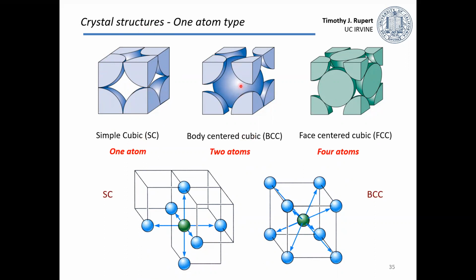In the middle, we have something similar: one full atom from those atoms in the corners, plus one atom that's fully contained, so 2 atoms total in that unit cell. In the face-centered cubic, we have one atom coming from those corner atoms, and then we have 1, 2, 3, 4, 5, 6 face-centered atoms. Divide those by 2, and we have 4 atoms total in that unit cell.